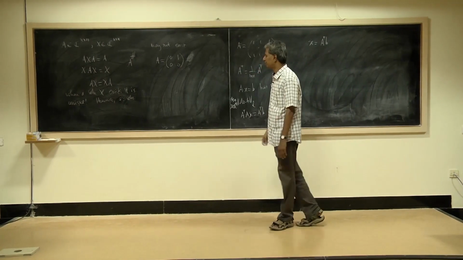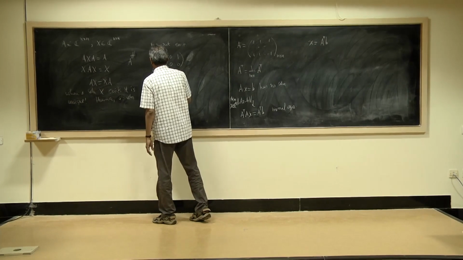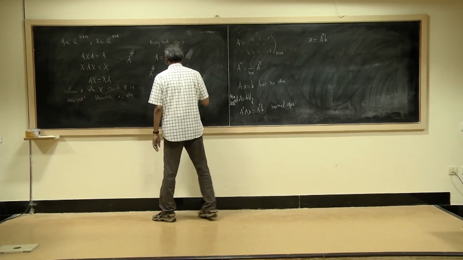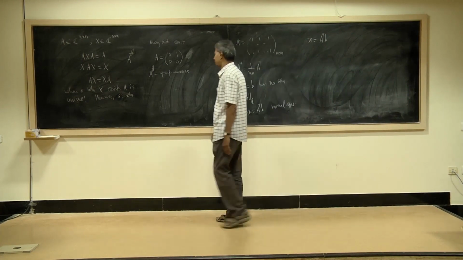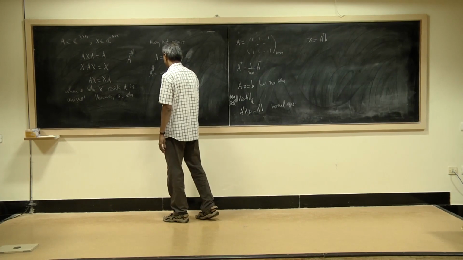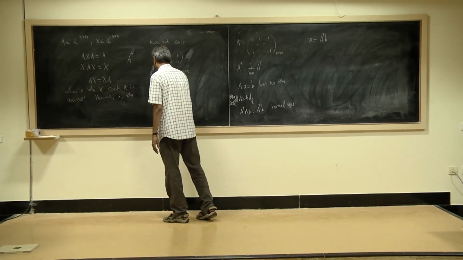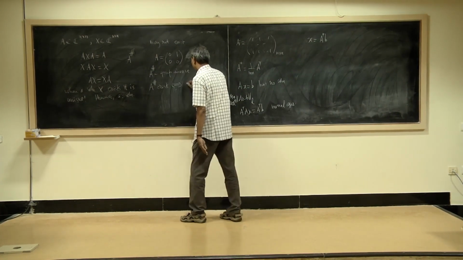But for the group inverse, so what is this? A hash is called the group inverse. It may not exist, but if it exists, it's unique. Okay. What is the characterization? There are several. A hash exists if and only if rank of A is rank of A square.